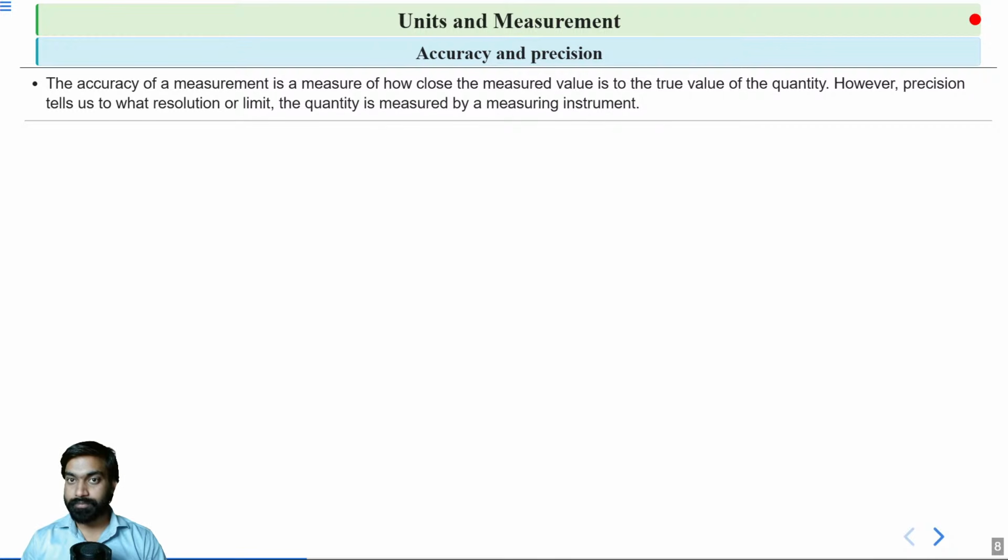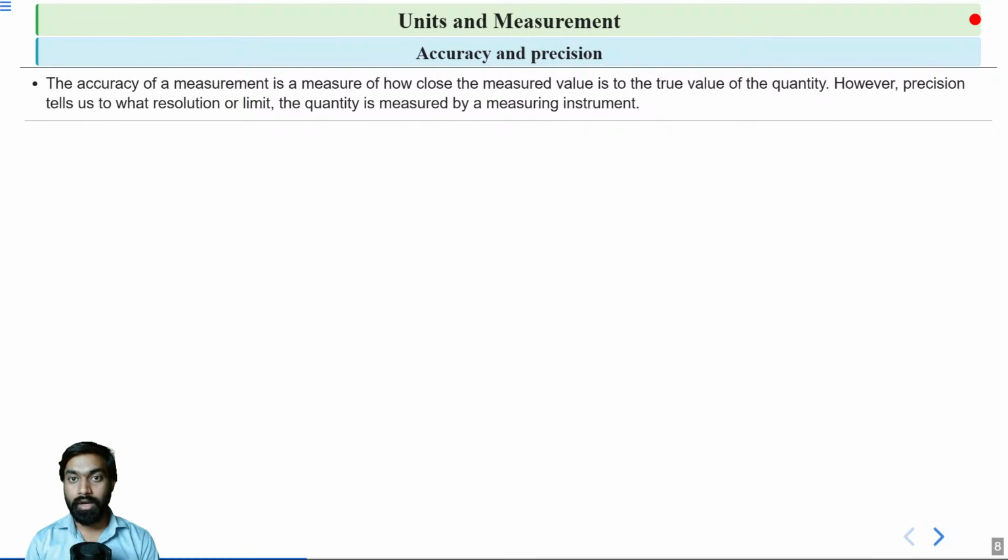Accuracy and precision. Accuracy refers to how close your measured value is to the true value or correct value. In simple terms, it indicates correctness. The true value is the value that should actually exist.